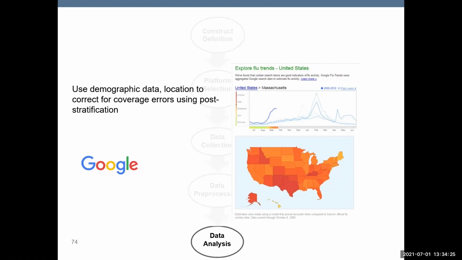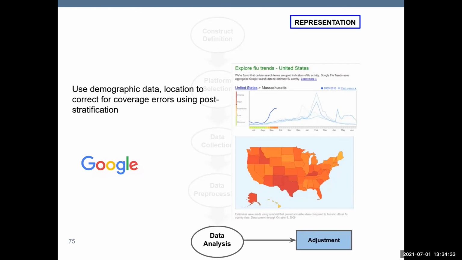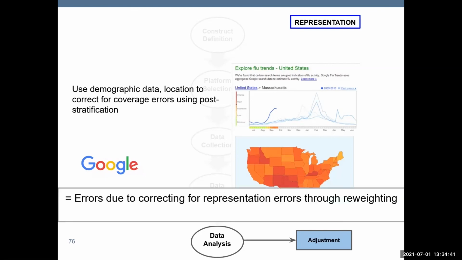And what we might do is pick a few variables that we think are relevant for this adjustment. Unfortunately, if our choice of variables are erroneous, then we might run into issues of adjustment, which are errors due to correcting for representation errors, unfortunately.